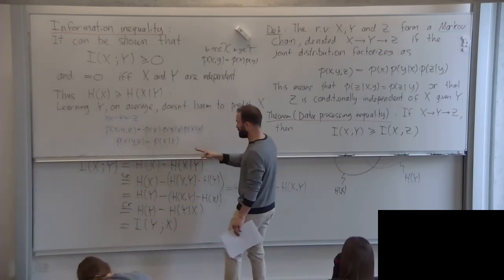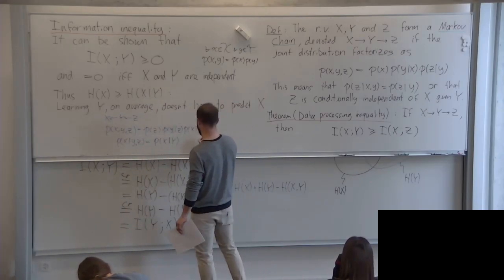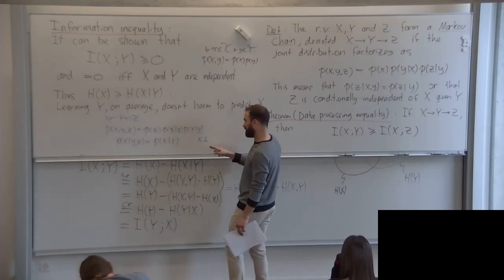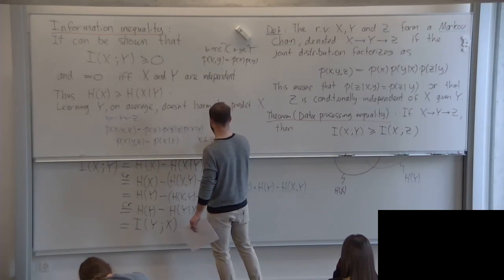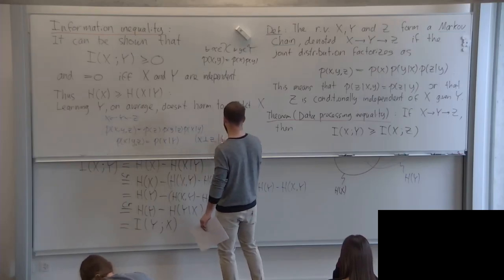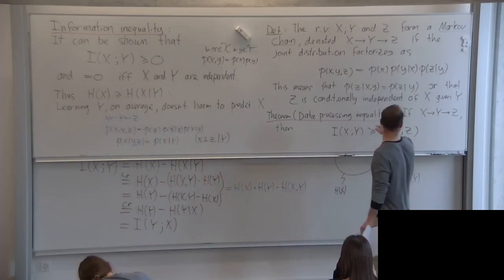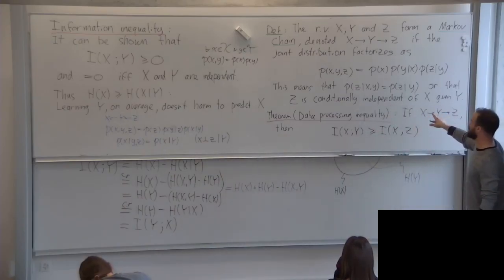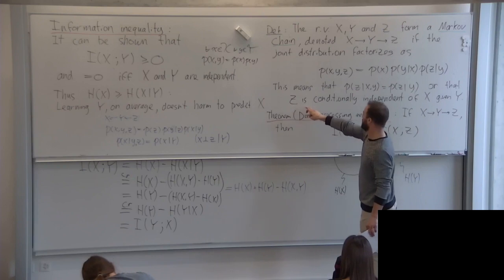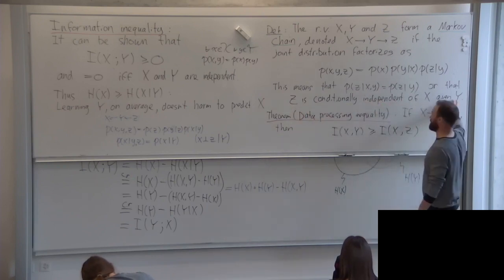Or in terms of statistical independence, x is statistically independent of the variable z given the variable y, which I think is the same as what I wrote down here. Yeah, x is independent of z given y.